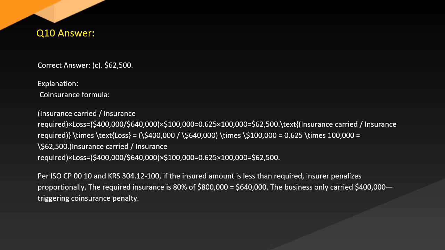The required insurance is 80% of $800,000, which equals $640,000. The business only carried $400,000, triggering a coinsurance penalty.